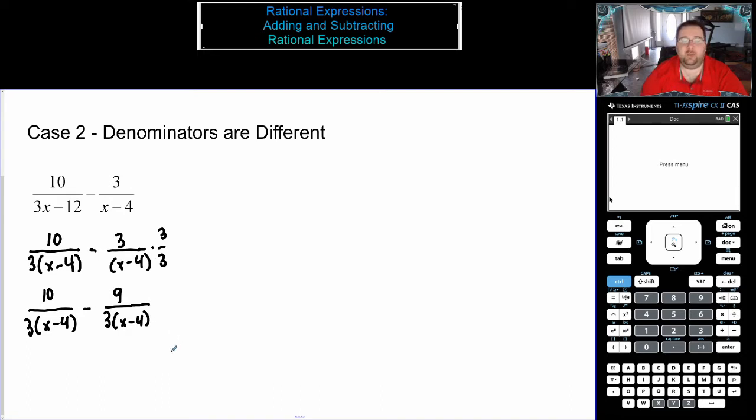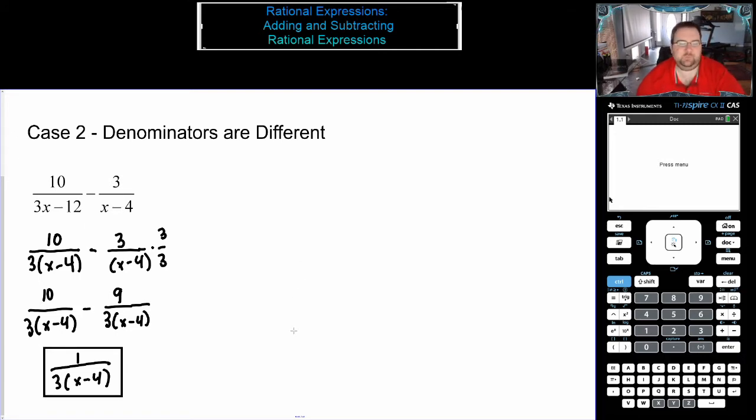There we go. Now we have the same denominator, and what do we do? Combine them. 10 minus 9 is 1 over 3 times (x minus 4). And we are done. That's as simplified as it will get.